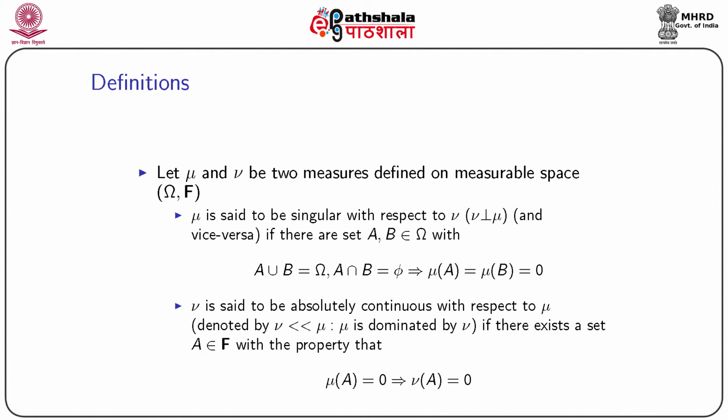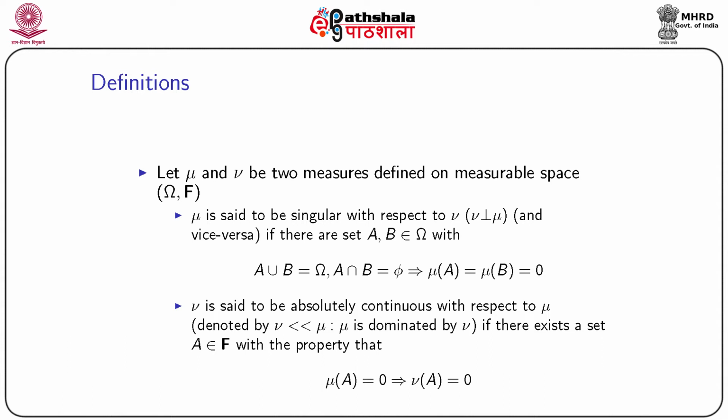Now we will define two very important terms, singularity and absolute continuity. Let mu and nu be two measures defined on the measurable space (omega, F). Mu is said to be singular with respect to nu, and vice versa, if there are sets A and B belonging to omega such that A union B is omega and A intersection B is phi, and that implies mu of A equals mu of B equals 0.